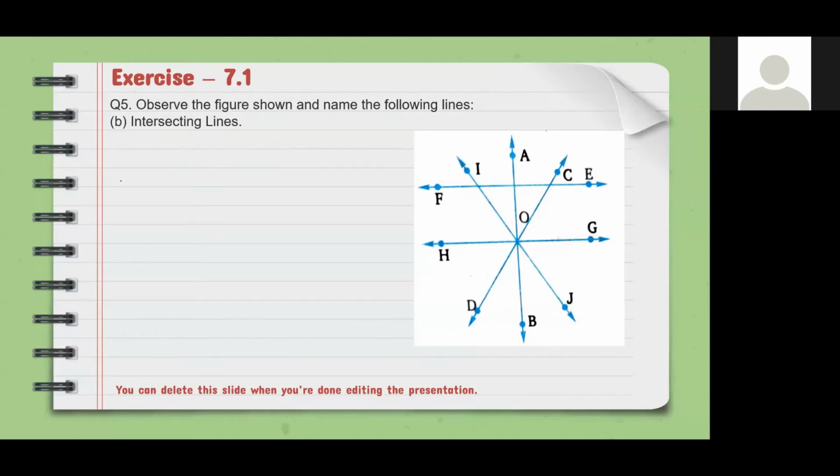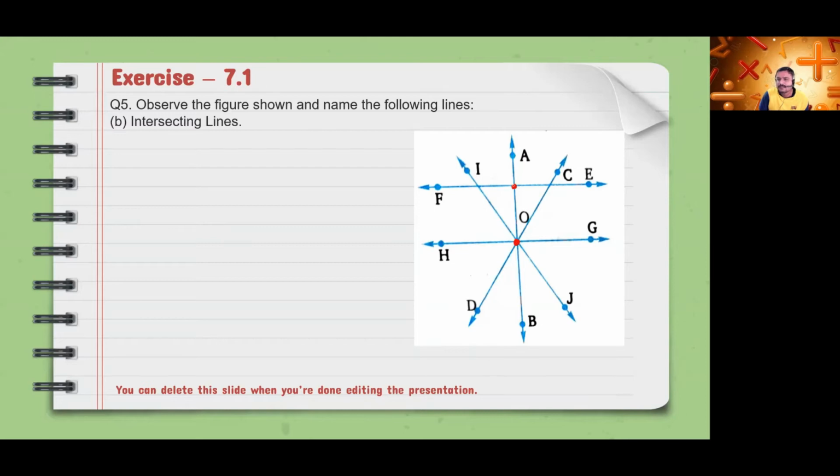So, intersecting lines here are AB, HG, FE. Okay. Now pay attention here, Trisha. Whenever we want to mark the intersecting lines, first mark the intersection points.